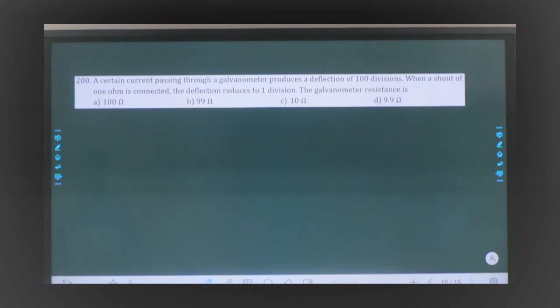A certain current passes through a galvanometer and produces a deflection of 100 divisions. When a shunt of 1 ohm is connected, the deflection reduces to 1 division. Find the galvanometer resistance. So formula लगाओ, Ig is equal to parallel combination का.